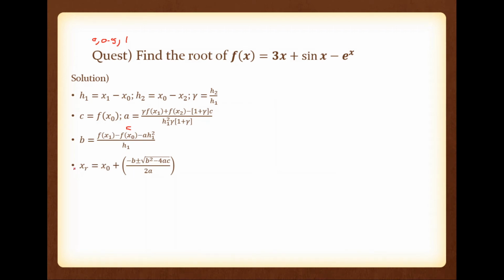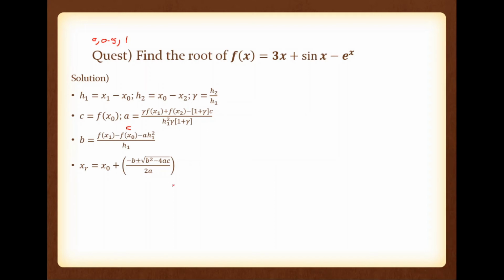Means directly we can use this equation: XR is equal to X0 plus (minus B plus or minus root of B square minus 4AC) divided by 2A. You can see that this one is in parenthesis. This is very important. You have to put this parenthesis.